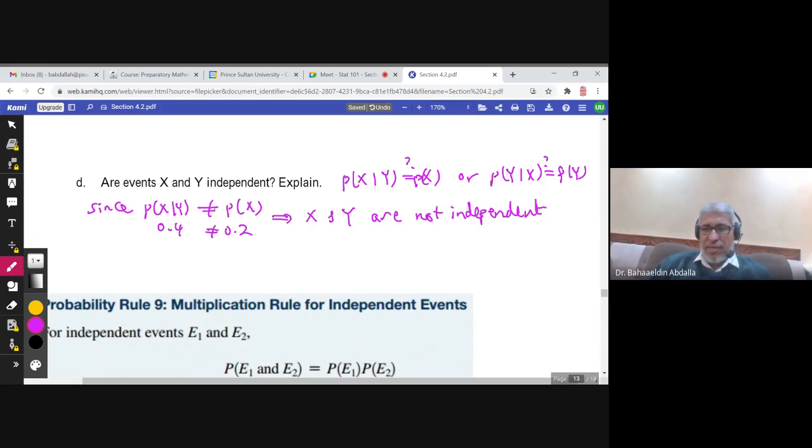As simple as that. Whenever you are asked about independence, just make sure that this definition is true. Is it true or false?